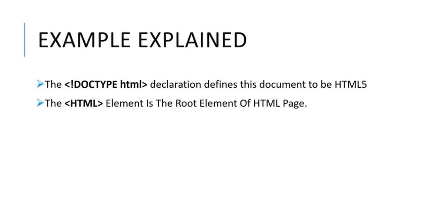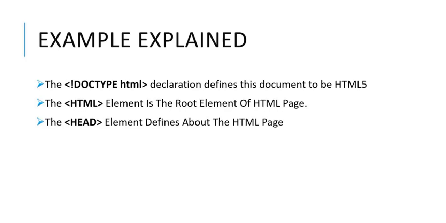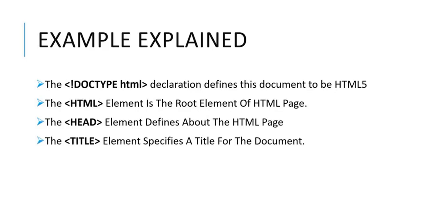The HTML element is the root element of the HTML page, and then we had head. It is the element which defines the HTML page, followed by title, an element that specifies the title for the document. It can be anything you give. In the previous example we had 'example' as the title for the web page.